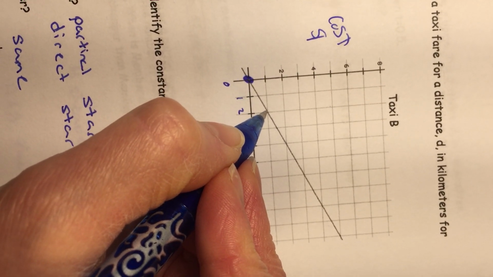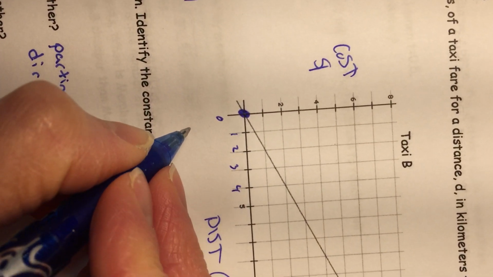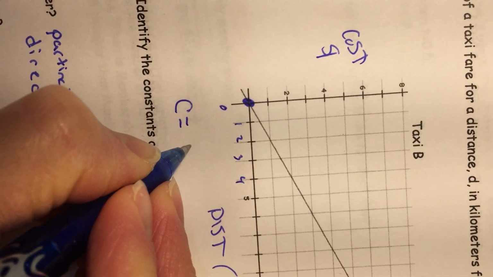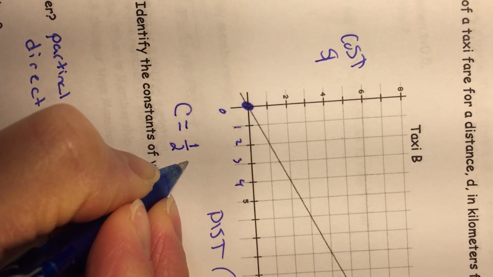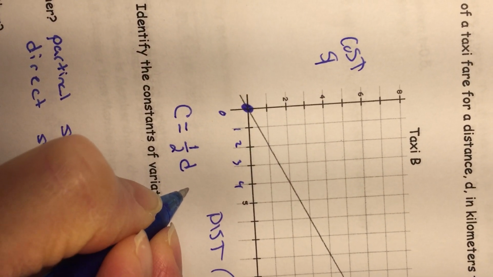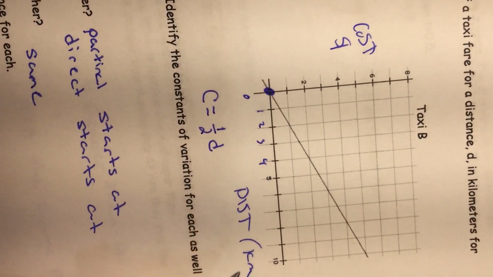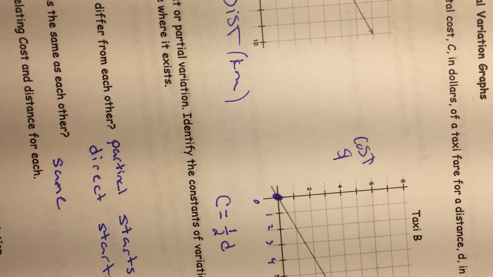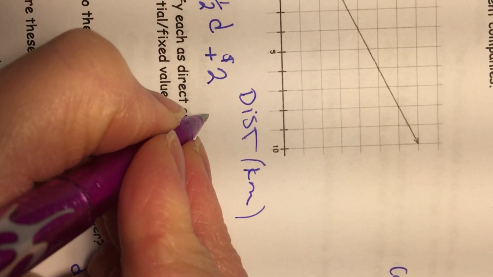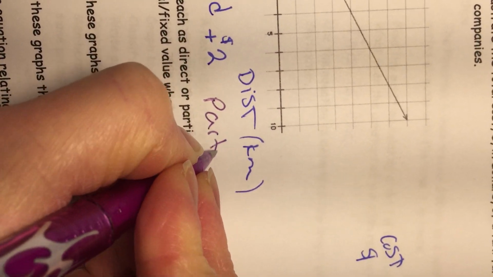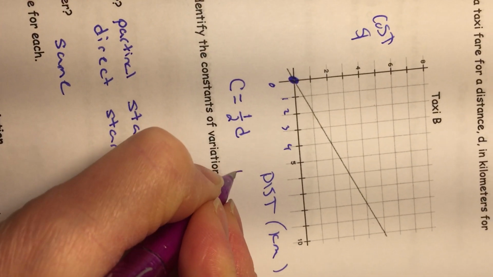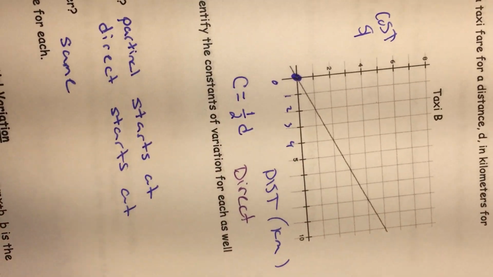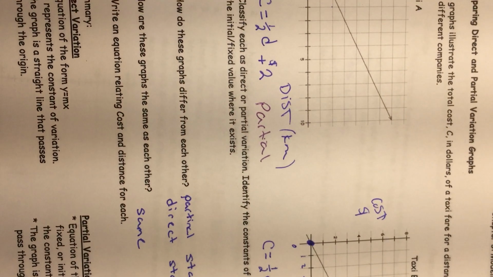When I go 1 over, another 1/2 up. Okay, so then I can see that the cost for this taxi is 50 cents or 1/2 times the distance plus nothing. I don't have a flat fee. So that would mean that this is partial variation and this is direct.